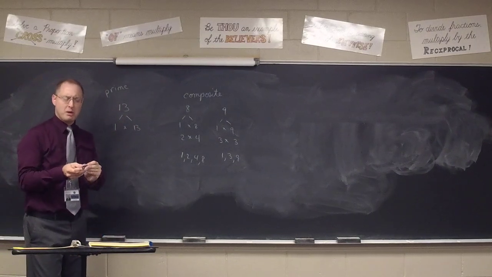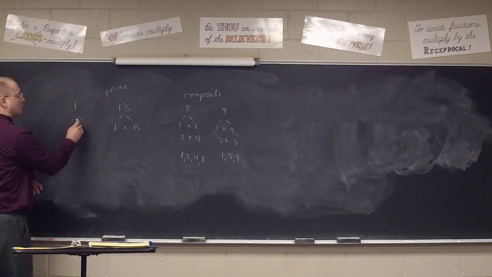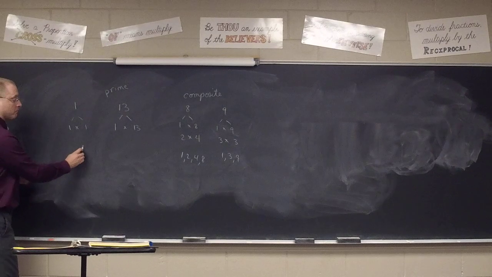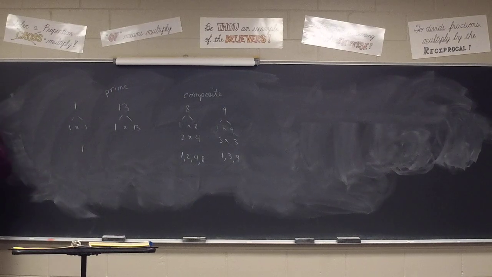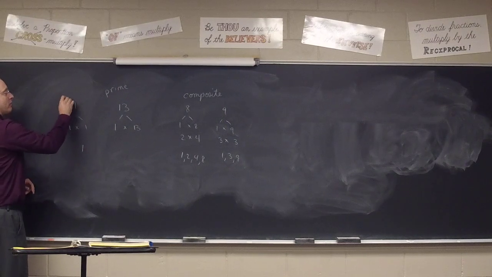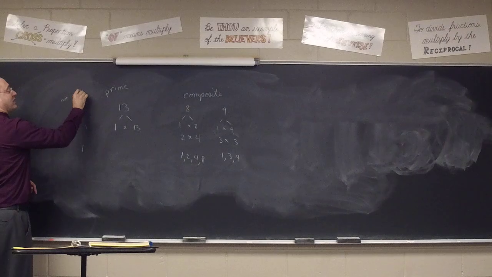Now, what about the number 1? How would you factor a 1, class? 1 times 1. So what are its factors? 1. Does it have 2 factors? No, it doesn't. So 1 is not prime. But does it have more than 2 factors, class?